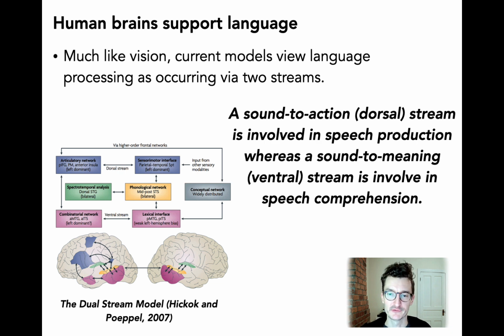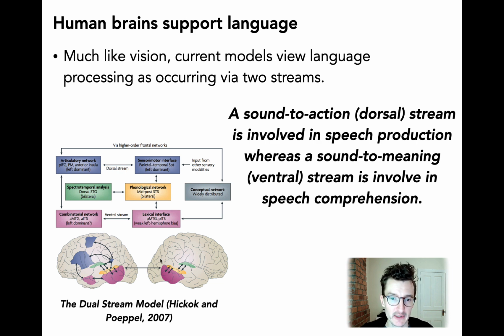The dorsal stream is thought to be the sound to action stream, so it's important for mapping sounds onto action, so producing speech, whereas the ventral stream is the sound to meaning stream, so it's important for extracting meaning from the speech that you hear. So this would be the speech comprehension stream. So there's like a production stream and a comprehension stream.